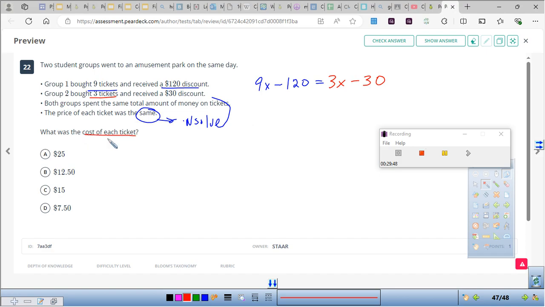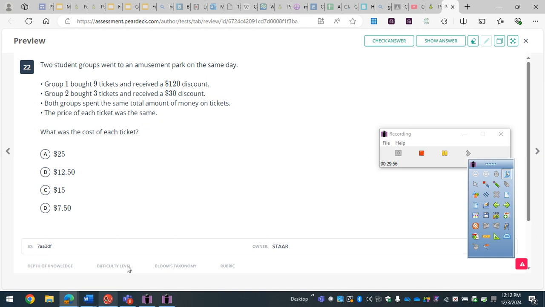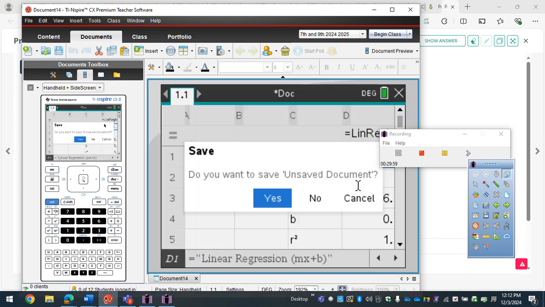And that's going to be the cost per ticket. Each ticket means your m, your slope in this one, right? Your x value. 9x minus 120.